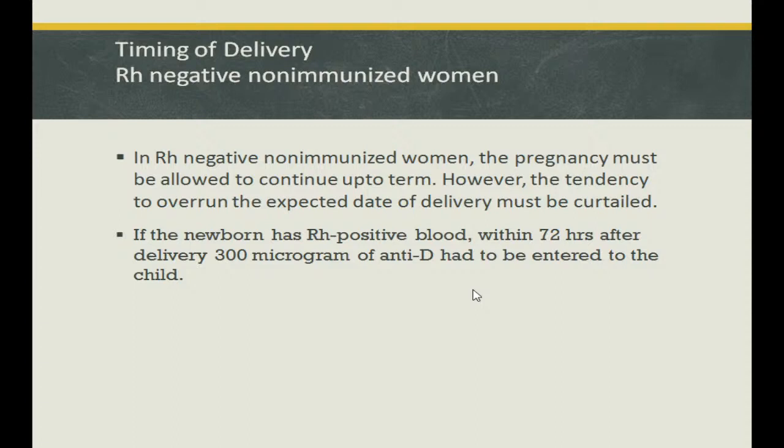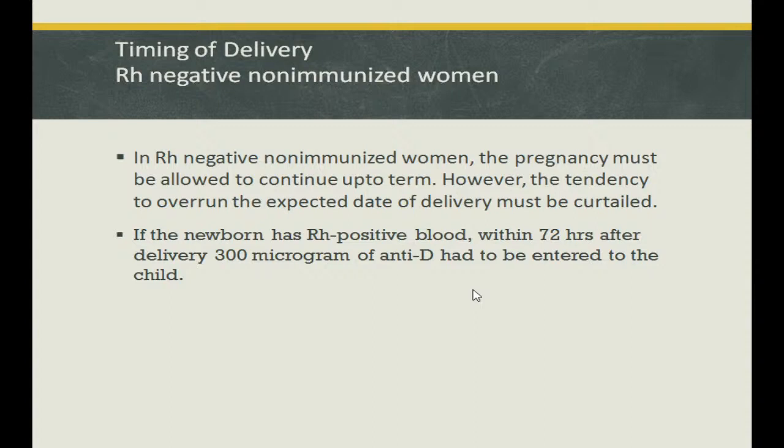Timing of delivery for rhesus-negative non-immunized women. In rhesus-negative non-immunized women, the pregnancy must be allowed to continue to term. However, the tendency to overrun the expected date of delivery must be curtailed. If the newborn has rhesus-positive blood, within 72 hours after delivery, 300 micrograms of anti-D has to be given. If you remember, I told about incorrect management when we didn't make specific prophylaxis.